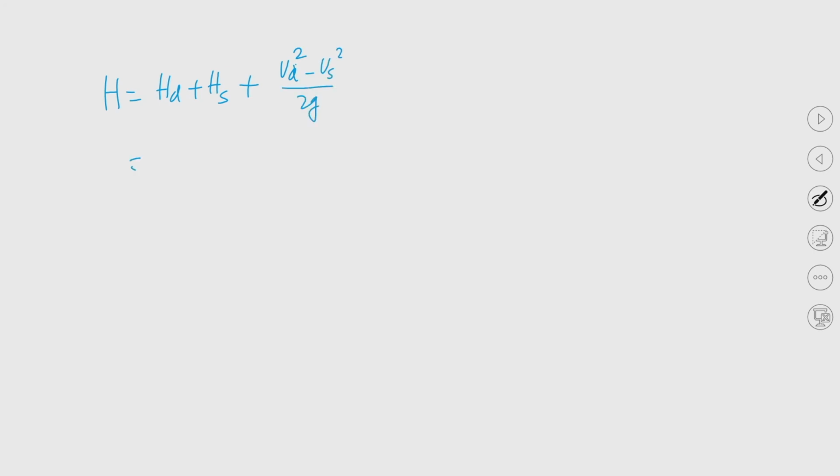That is 7.7 plus 4.4 plus 5.44 square minus 3.95 square divided by 2 into 9.81, and the total value comes to 12.95 meter. That is the unit of head, so it will be meter.